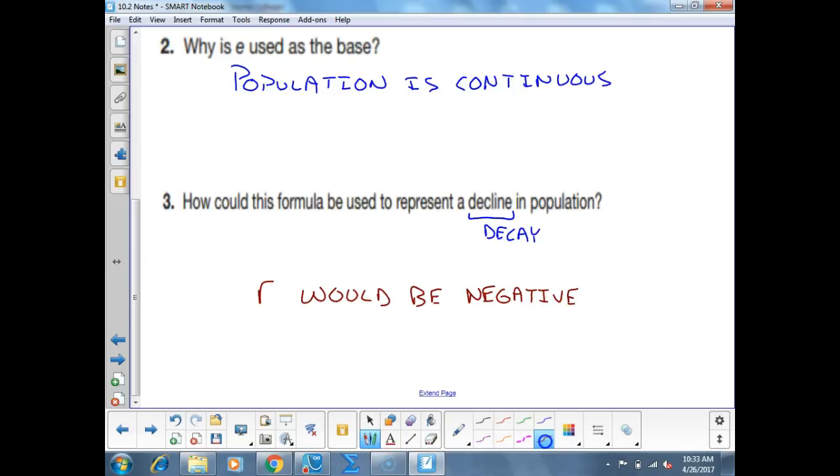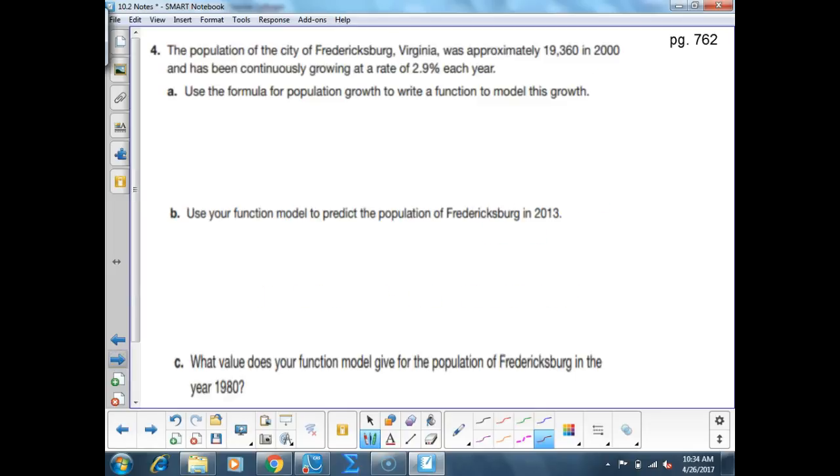But we can make T negative to go back in time. But R would be negative there. So in a problem, if it says like 4.8% growth, that's a positive 0.048 as your R value. If it says it declined by 5.7%, your R value is negative 0.057. So you gotta read the problem in order to find those.